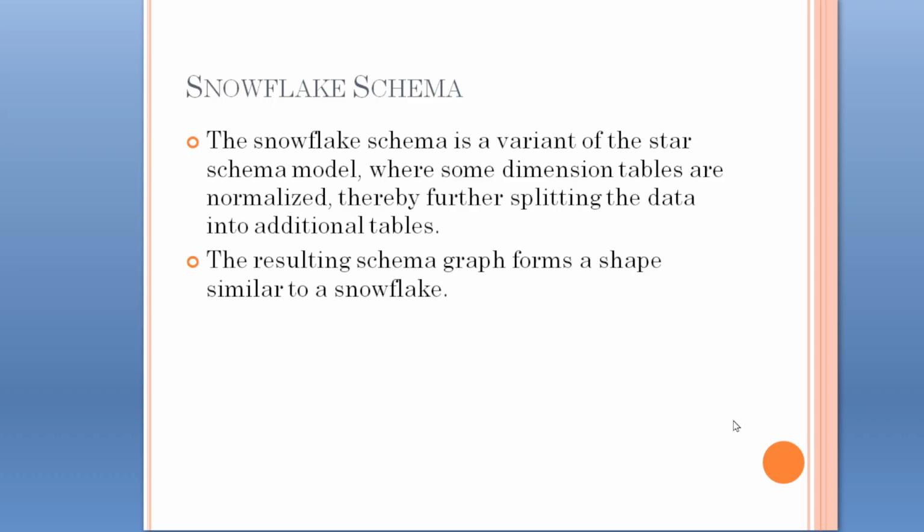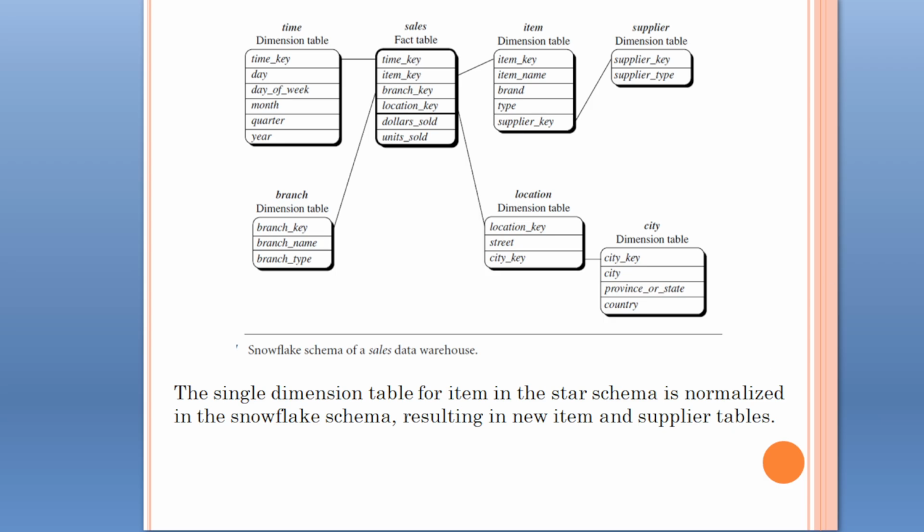The snowflake schema is a variant of the star schema model where some dimension tables are normalized, thereby further splitting the data into additional tables. The resulting schema graph forms a shape similar to a snowflake. Like here we can see this item table has been further split into a supplier table, and this location table is further split into a city dimension table.